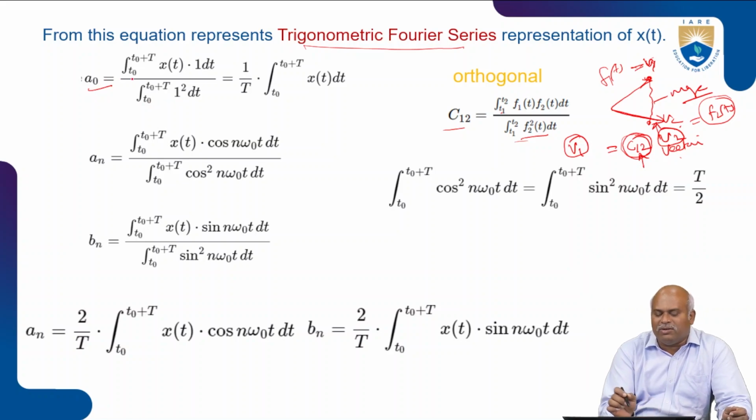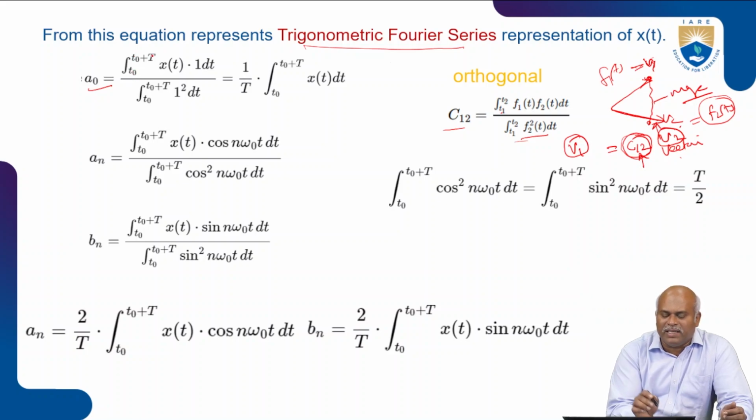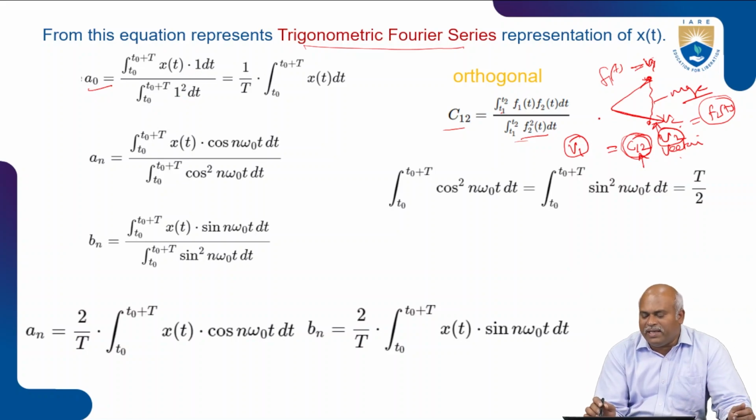So A0 is equal to the integration, as per the trigonometric series, taken over the interval t0 to t0 plus T, of x of t times 1 dt, divided by the integration of t0 to t0 plus capital T of 1 square dt. Now the two signals we have taken, F2 is equal to 1, so here also it will be represented as 1.